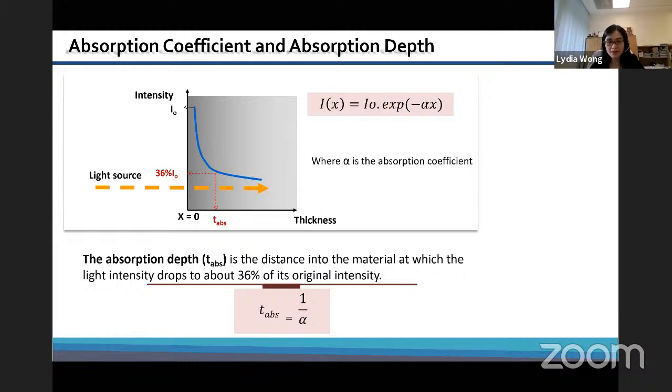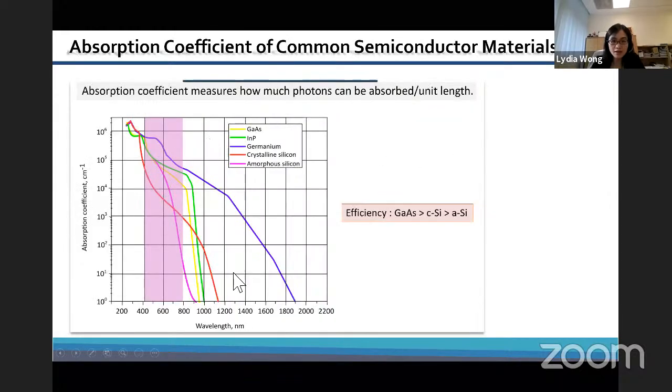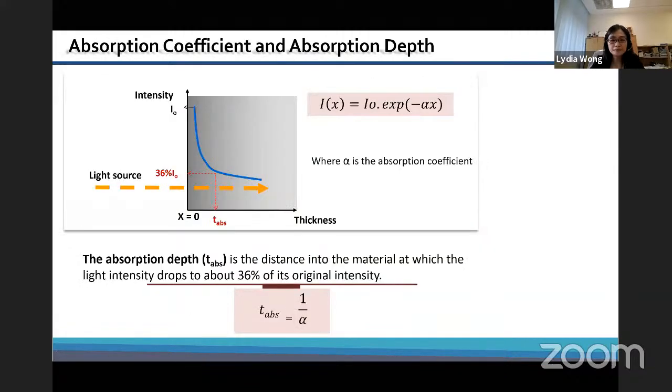It will be correct. And the absorption coefficient number for different types of material usually used in solar cells is already summarized in this graph. All right, I hope I answered your question.